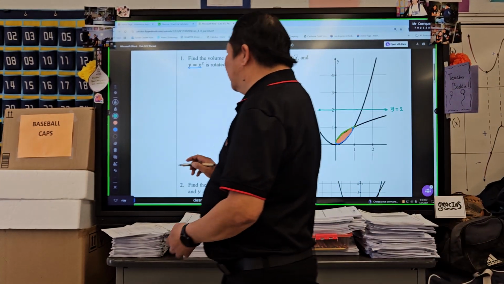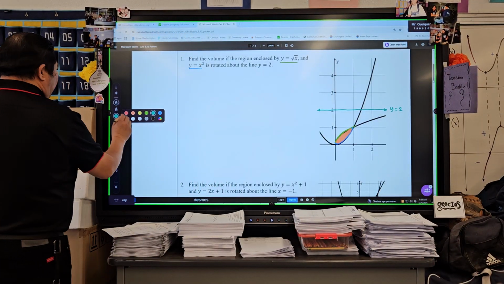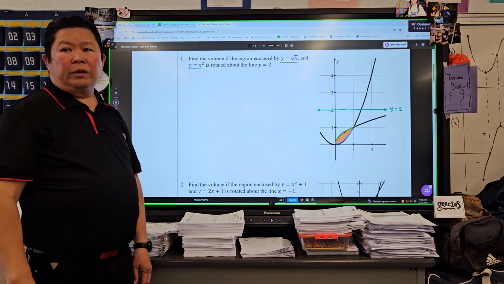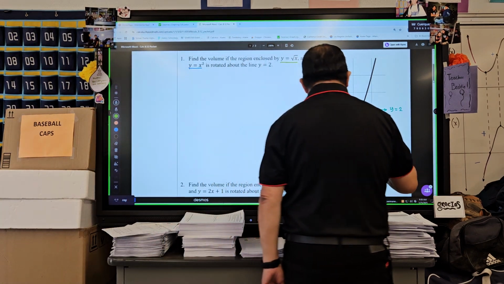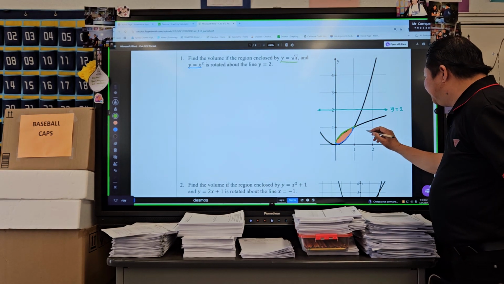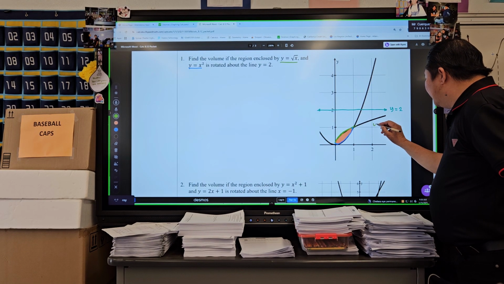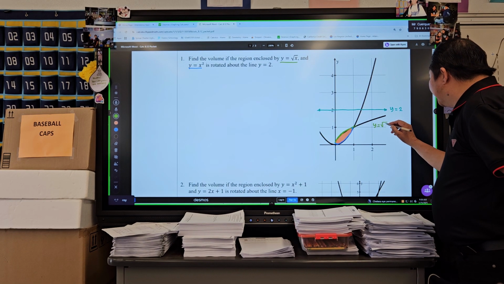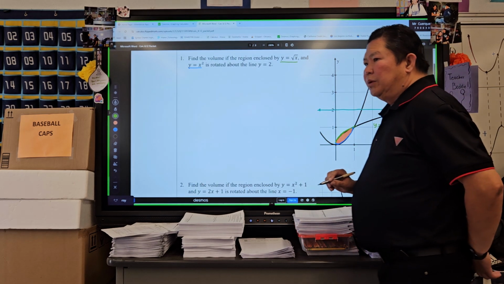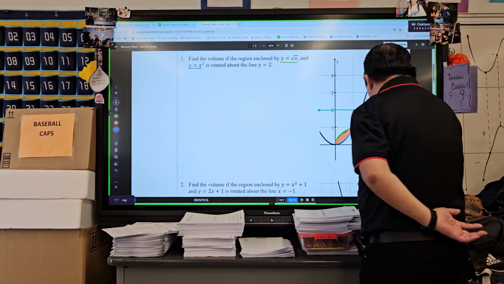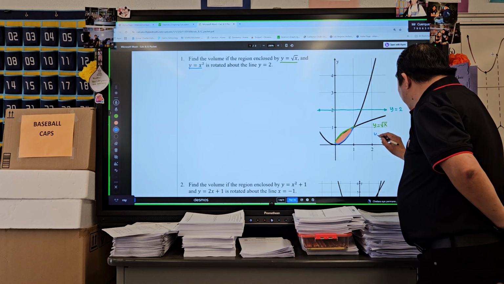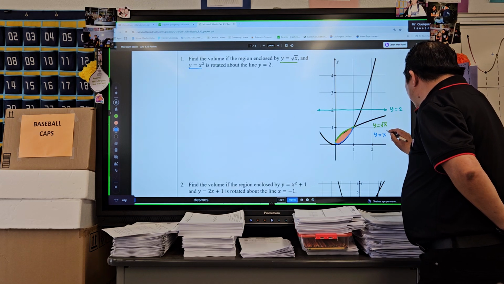The green color is square root of x, and the blue color is x squared, so y equals x squared.